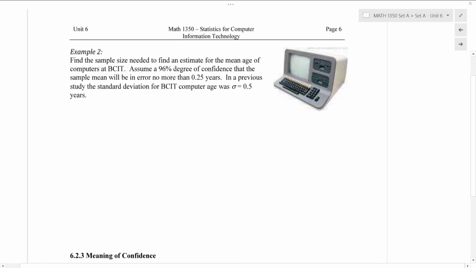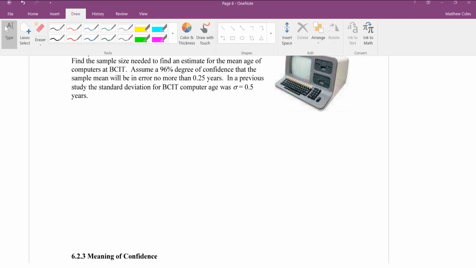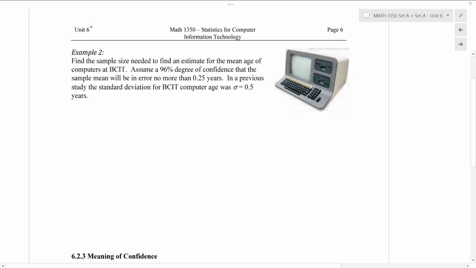So let's imagine thinking about maybe the mean age of computers. Here is a very old computer pictured. So let's say that at the onset, we're deciding that we want 96 degree of confidence. So that will give us our 1 minus alpha. In other words, alpha is going to be 0.04, a little smaller than usual.